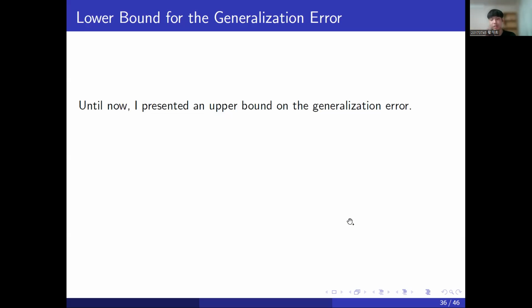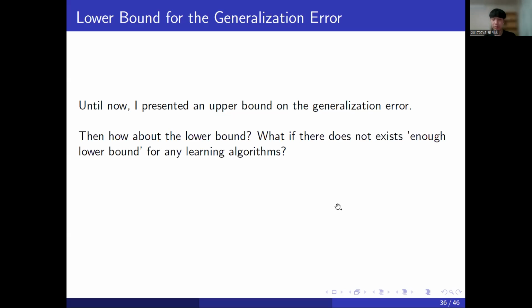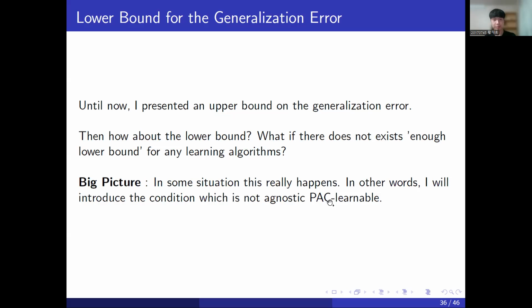Until now, I presented an upper bound on the generalization error. Then how about the lower bound? What if there does not exist a good enough lower bound for any learning algorithm? Now I suggest this big picture. In some situations, this really happens. In other words, I will introduce a condition which is not agnostic PAC learnable.